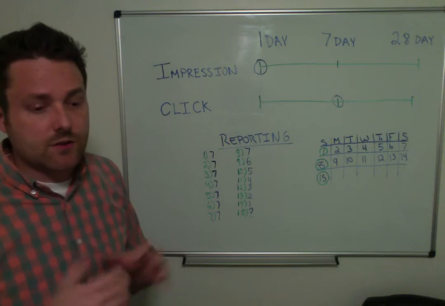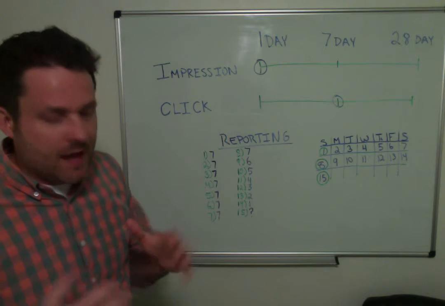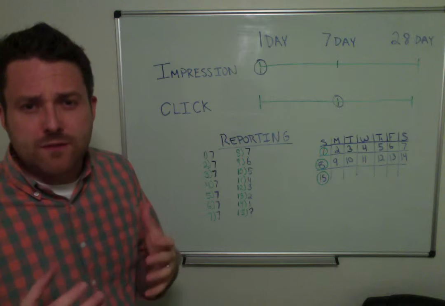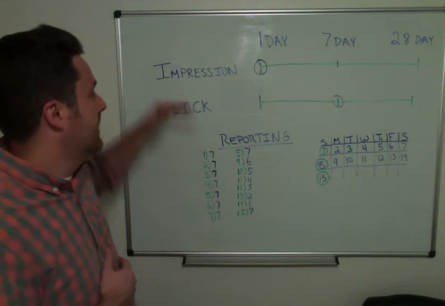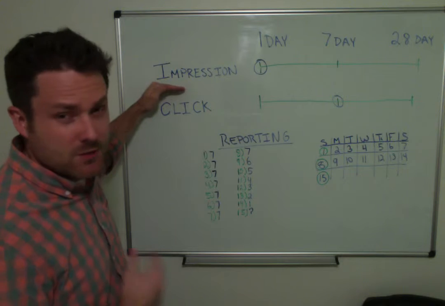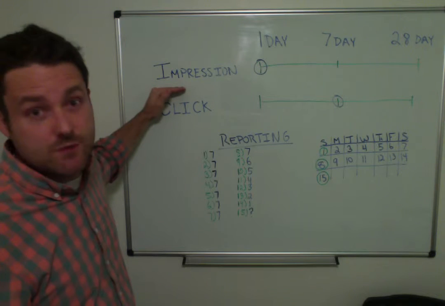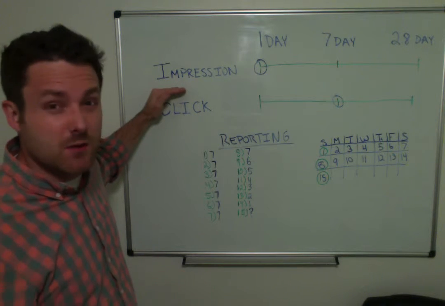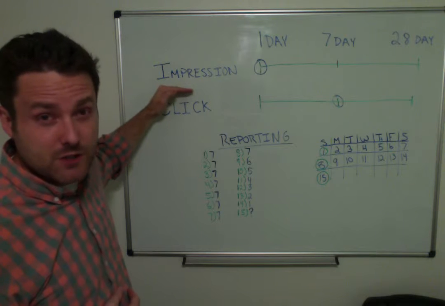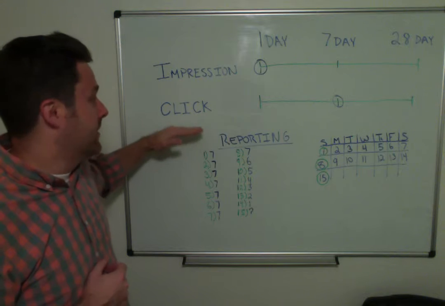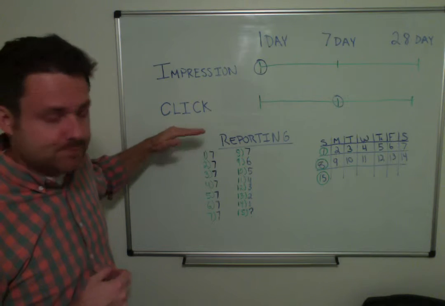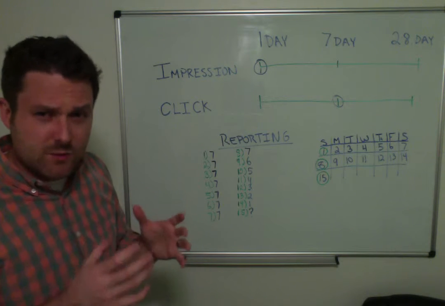So for instance, if you're looking at how much revenue was driven by your Facebook ads, you can see how much revenue was driven by people who just viewed your ads, who were just exposed to them, who served an impression, or you can tailor that revenue metric by those who actually clicked on the ad. And so there's some subtle nuances there.